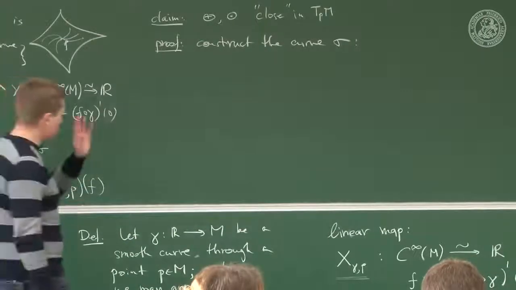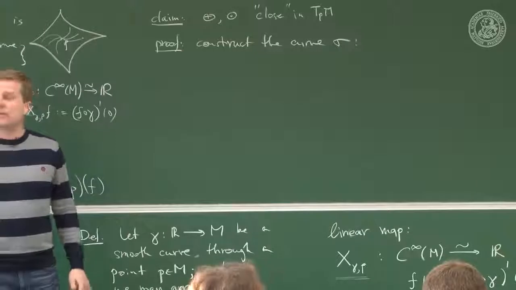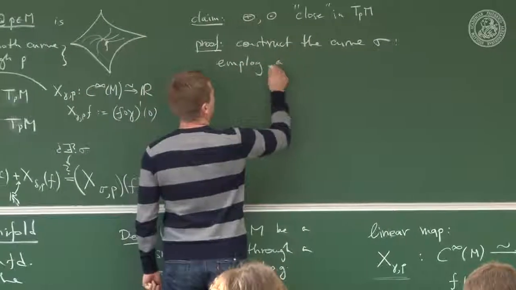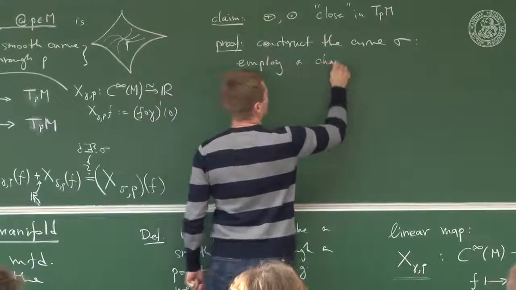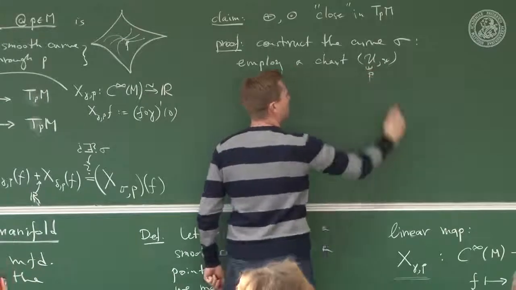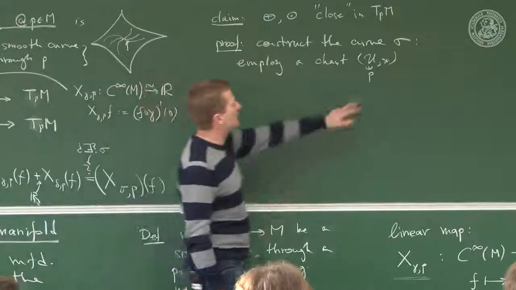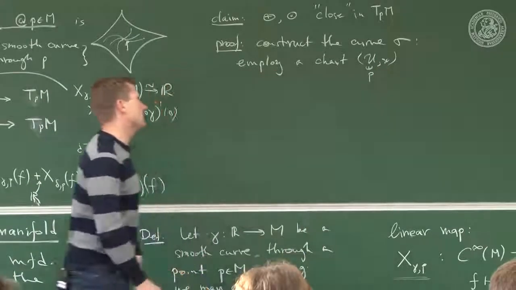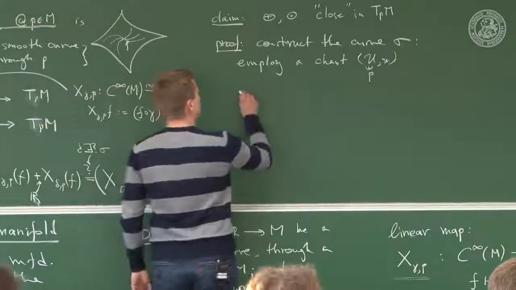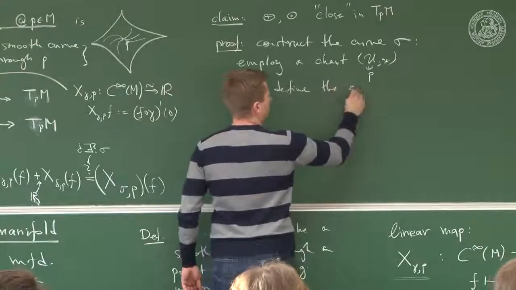So how do we construct the curve sigma? Now, it's easiest to do this by employing a chart. So employ a chart u comma x, and we have a tangent space at a point P. The point P should be part of that chart domain. Employ a chart u, x and define the curve.